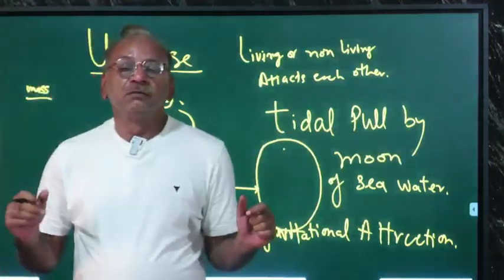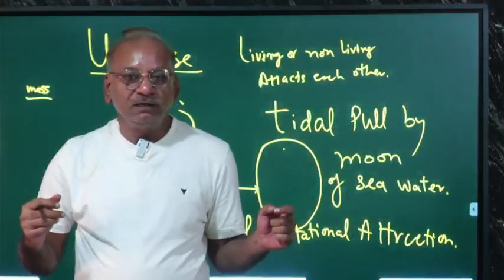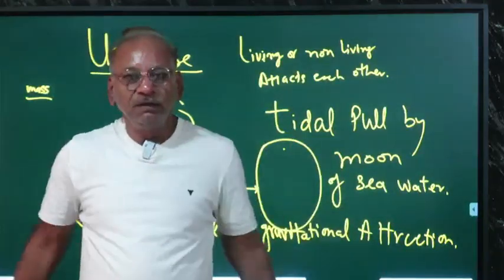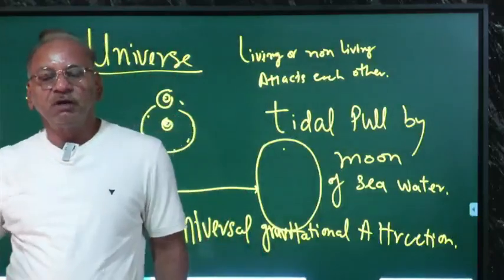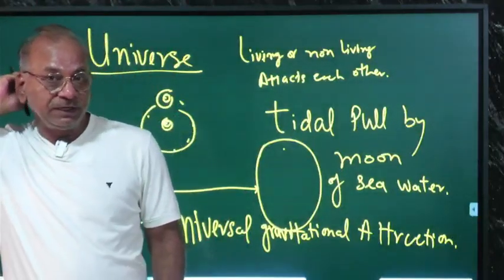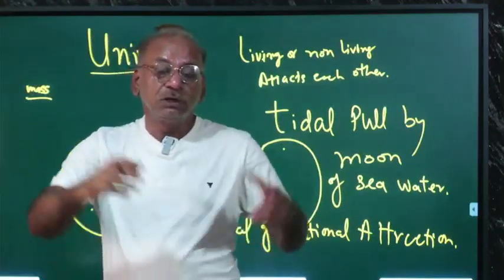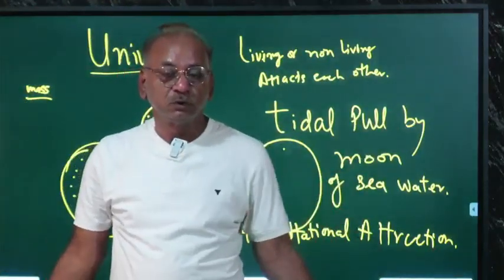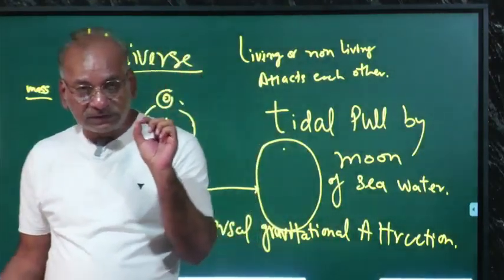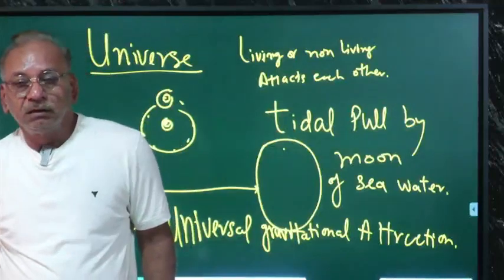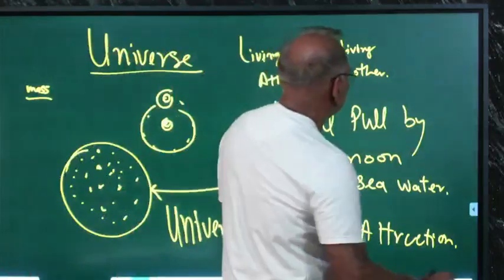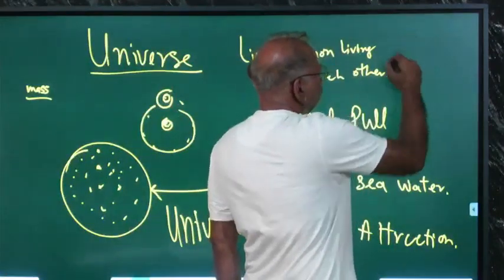So the mass of any particle in this universe, or in the setup in which we are living, in our room, in our colony, in our house or in our city, varies from electron to the mass of the whole earth. The whole mass of the whole earth acts as a single mass. You might have heard about center of gravity.